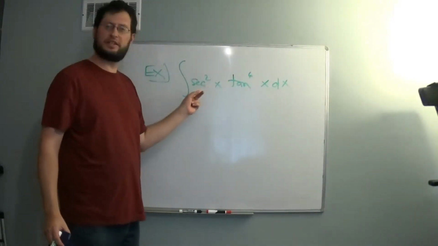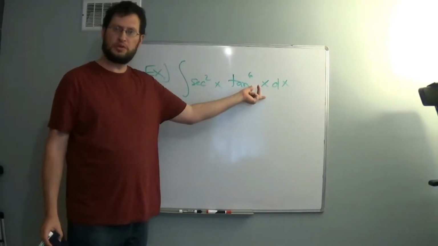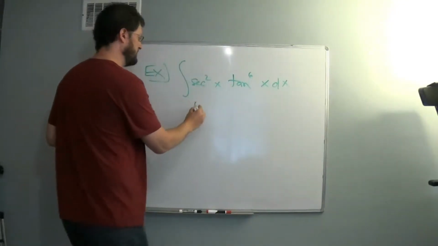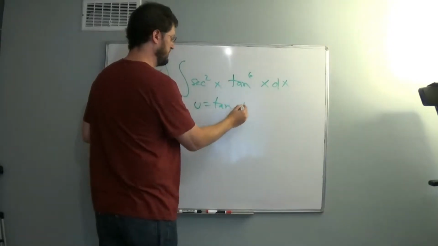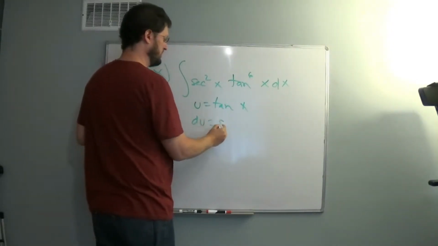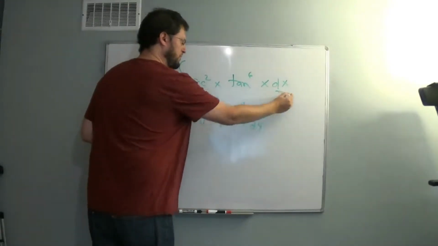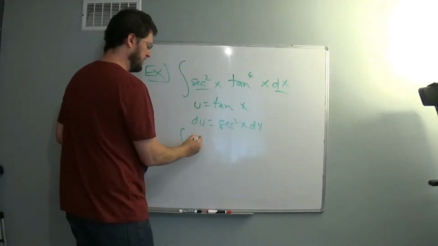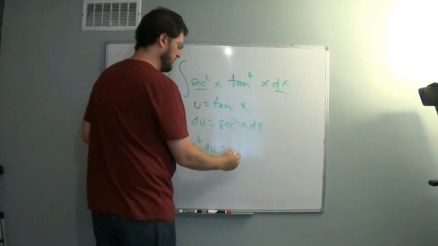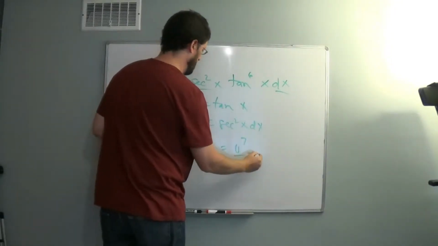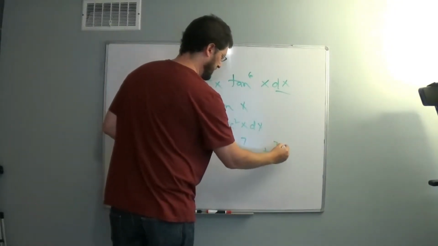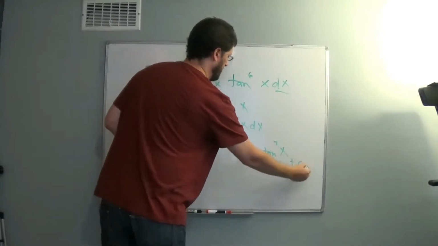The derivative of tangent is secant squared, so it becomes u to the 6th du, which is u to the 7th over 7, which is tan to the 7th x over 7 plus c.